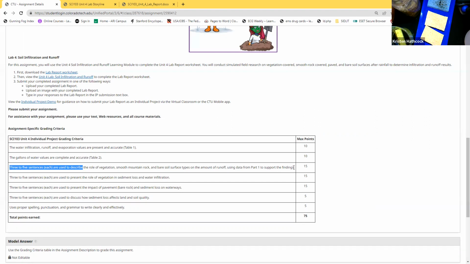Part of your points come from using data from part 1. And the same is true for water loss, sediment loss on waterways, and soil quality. Any questions regarding that?